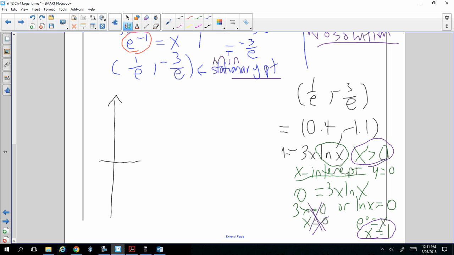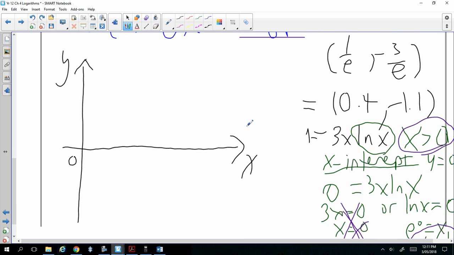So I'm going to put 1 here, 2 here, like this, 3. And the same scale, 1, -1, like that.